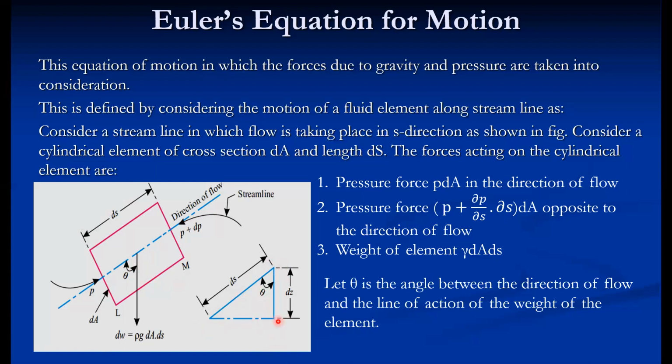Obviously z is a function of s, so dz is equal to ∂z/∂s into ds. As z is only a function of s, ∂z/∂s can be written as dz/ds. This partial derivative can be written as an exact derivative.